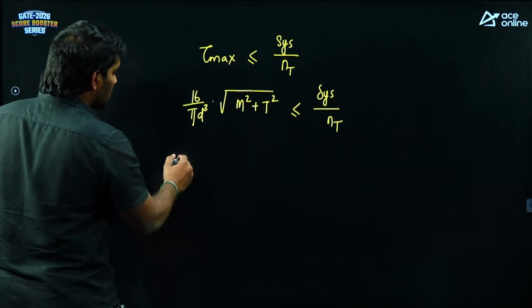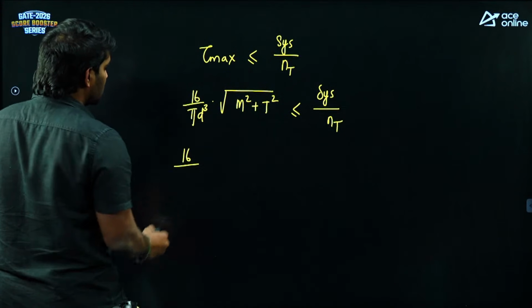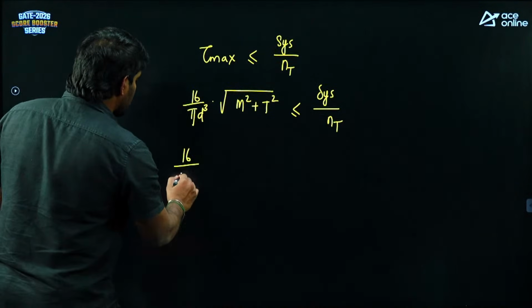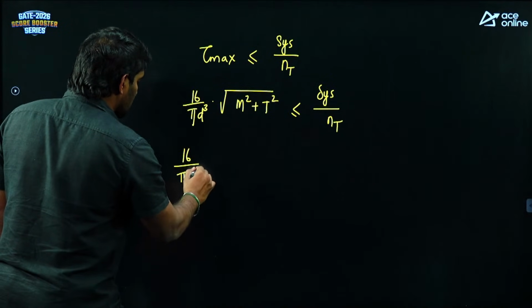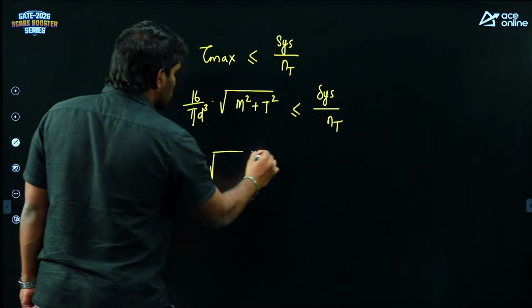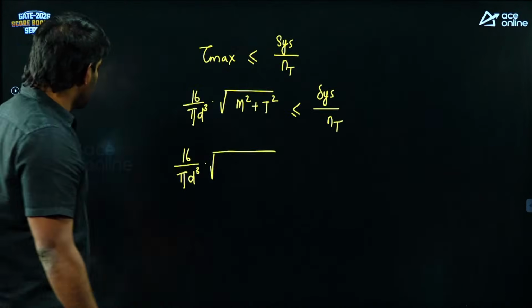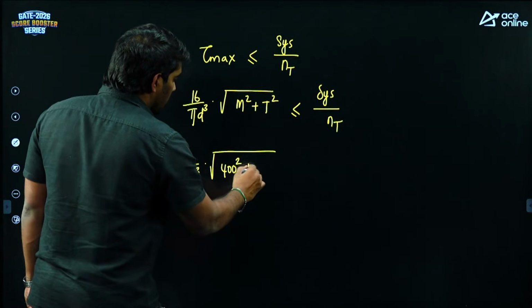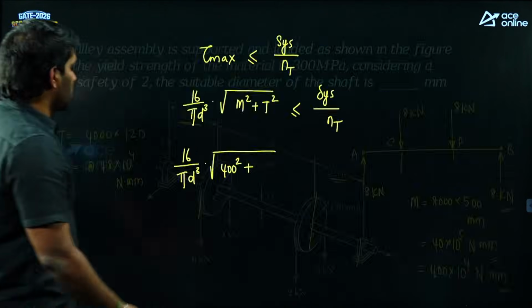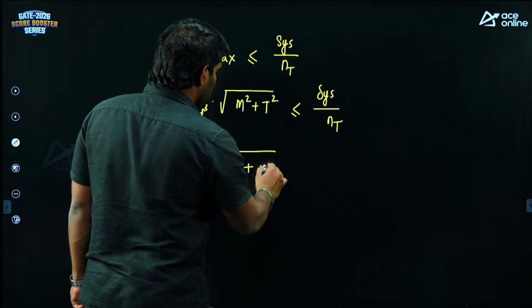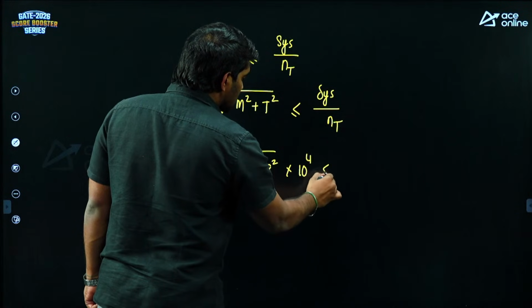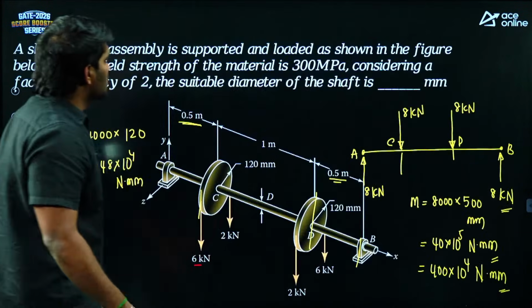Okay, now what is 16? Here we need to identify the diameter, right? 16 by pi d cube into under root M square. What is M here? M here is 400 square plus the value of T is 48 square into 10 power 4, is lesser than or equal to, what is SYS here?